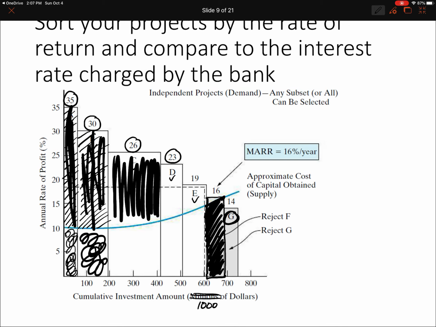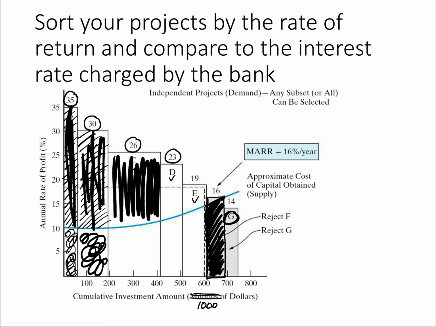So you want to say no to project F, and of course you want to say no to project G, because the profit you earn from that project is even lower than the money you need to pay back to the bank. See, this area is lower than this blue line. So your cost is not going to be recovered by the return.